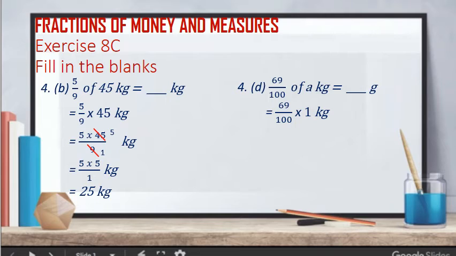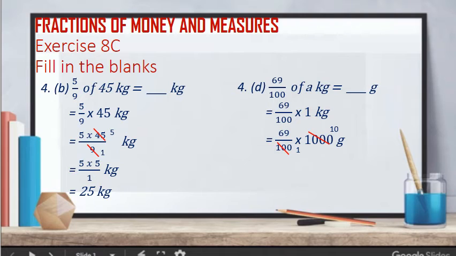Now children, we know that 1 kg is equal to 1000 gram. So we can write 69 upon 100 multiplied by 1000 gram. Now this is equal to, now we can divide 1000 in the numerator and 100 in the denominator by common number 100.